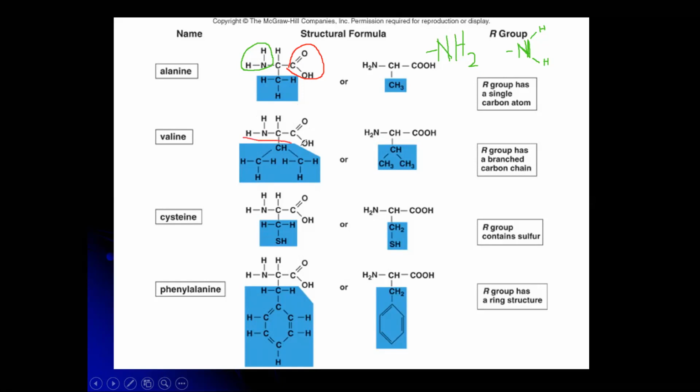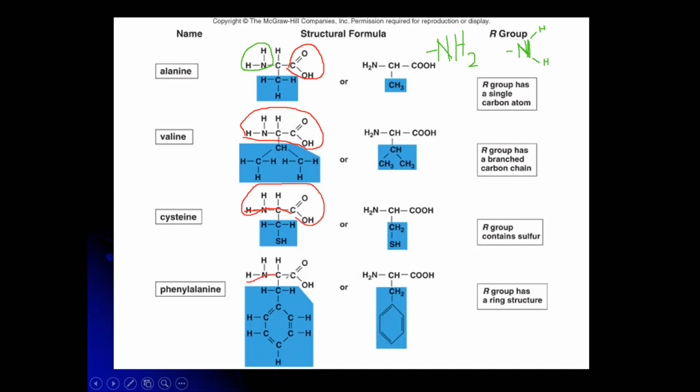All of these are always the same. So this is the structure to look for. You see this on anything on the test, and you know to label this as an amino acid. I just broke it down to parts here, but it's all the same. So that's your amino acid indicator.